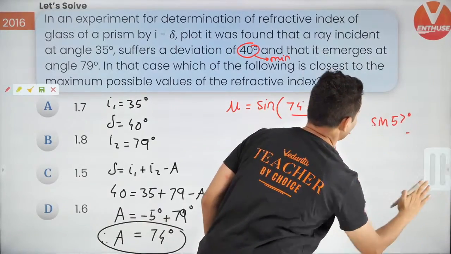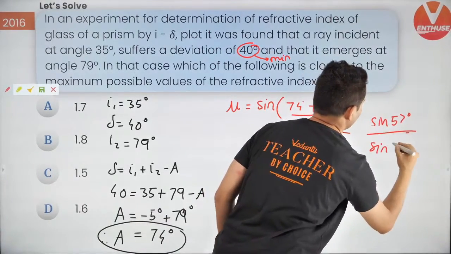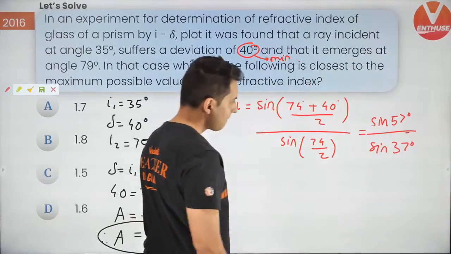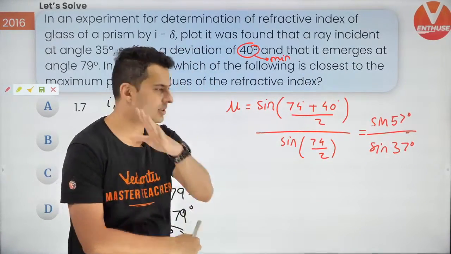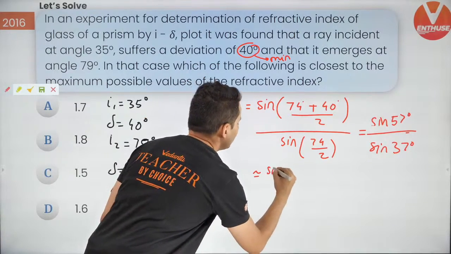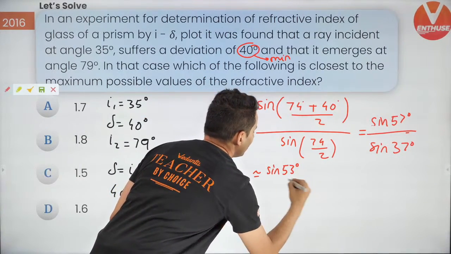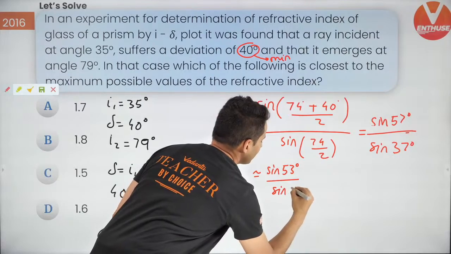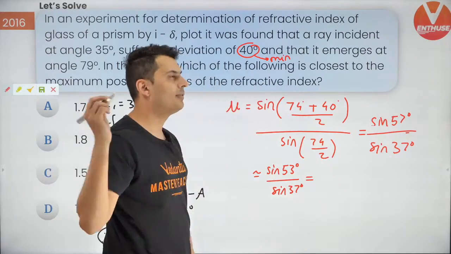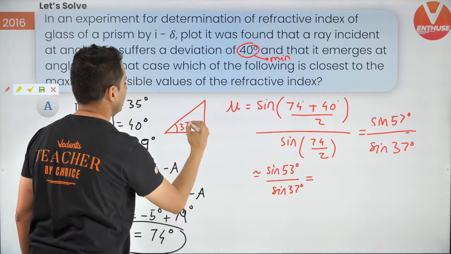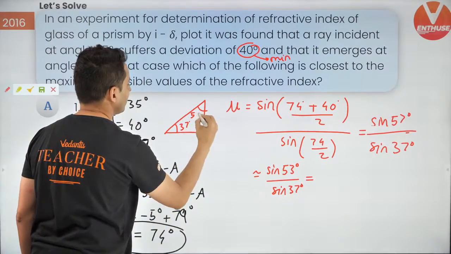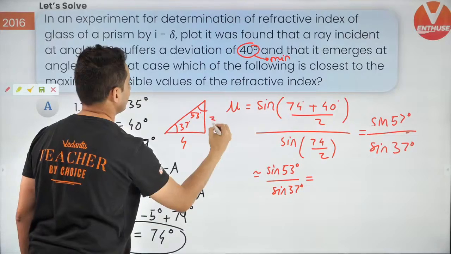So sine of 37 degrees. But I don't know sine of 57, but I know sine of 53, almost similar. So approximately sine 53 divided by sine 37. Now what is sine of 53? Remember that triangle I have told you, 37, 53. This is 4, this is 3, this is 5.